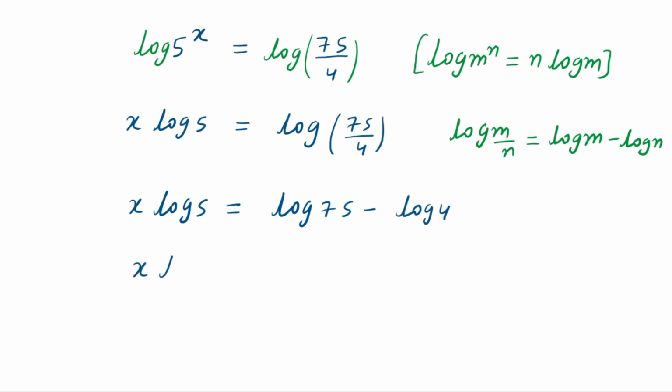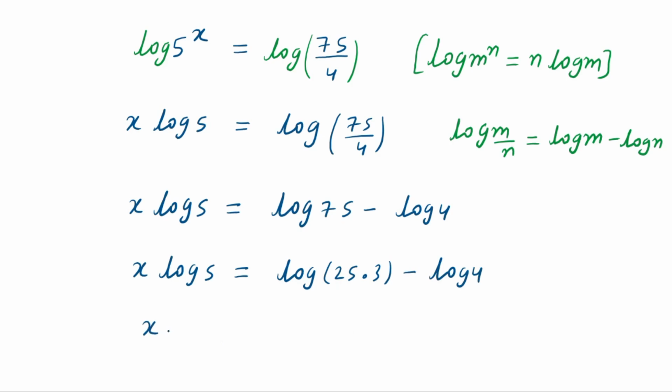Now x times log 5 is equal to log, we can write this 75 as a product of 25 times 3, minus log 4.